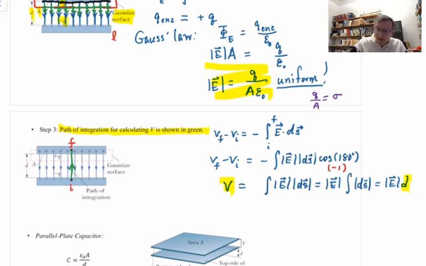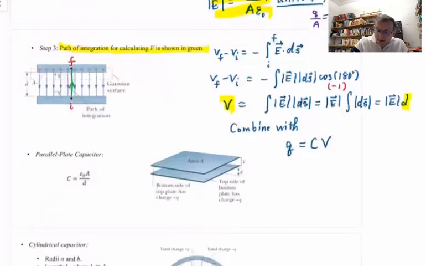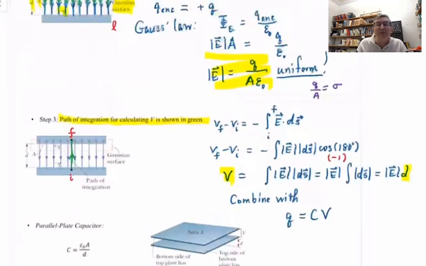Okay? All right, now we're going to combine that expression with the defining formula for capacitance, which is Q equals CV. That's the defining formula for capacitance. All right, so for the Q, I'm going to go up to the E formula. Let me bring it back into view. See it up there for the electric field? Q equals E times A times epsilon 0.